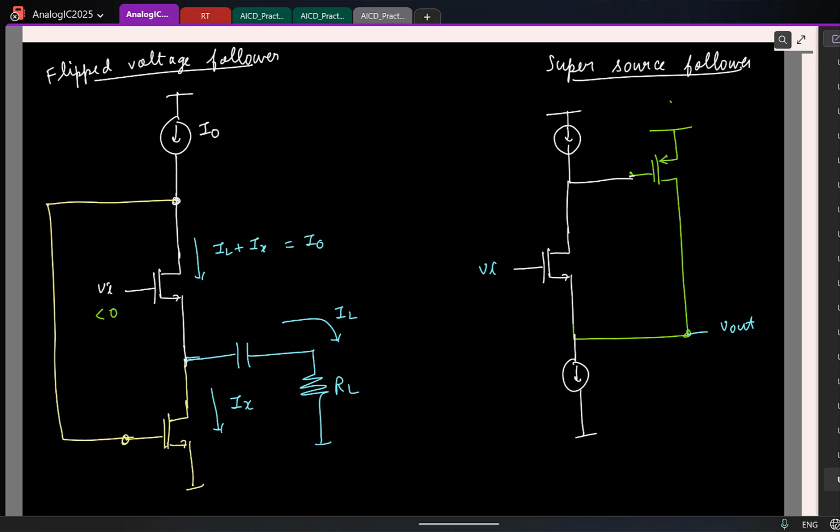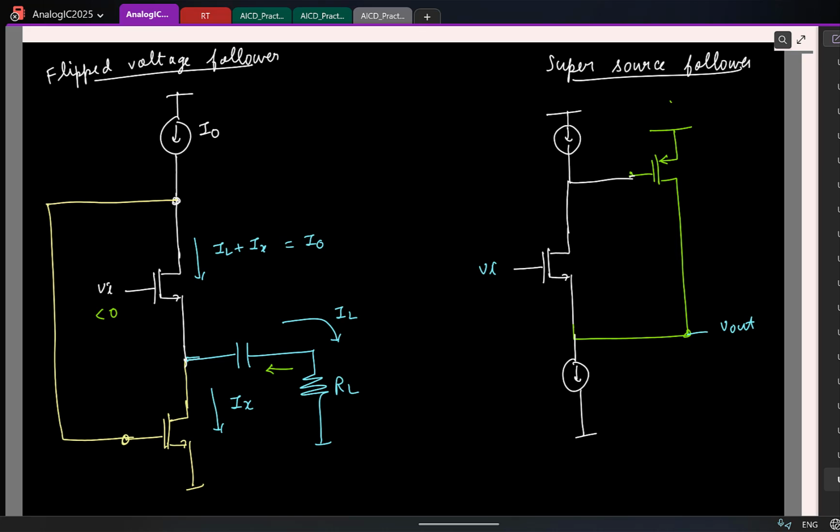What can you say about the load current? It will be negative, since this voltage is approximately Vi, so the current is Vi by RL. If Vi is negative, this current is also negative, flowing from right to left.